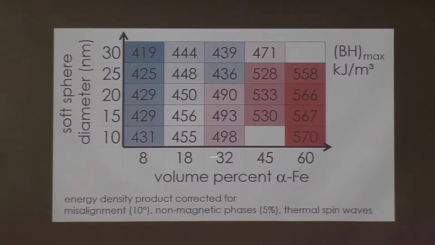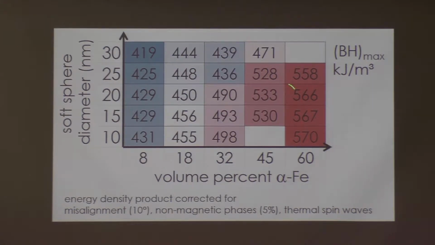Of course, the higher the iron content, the volume fraction of alpha iron, the higher the energy density product. And we see that the smaller the size of the soft magnetic inclusion, also the higher the energy density product. For these numbers, we corrected the value, taking into account the misalignment you will have in a real magnet, also maybe some non-magnetic phases, and also some thermal spin waves I will talk about later.